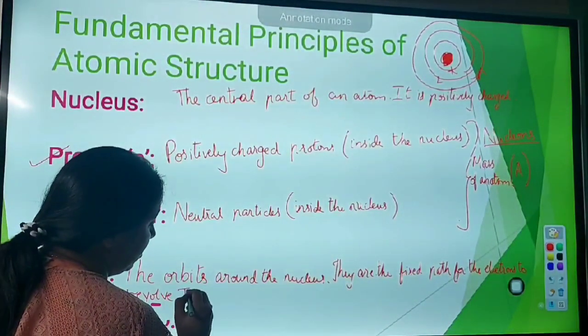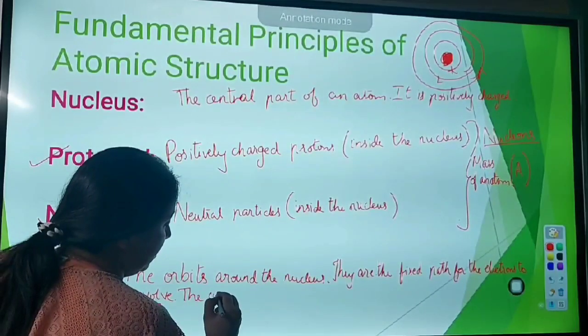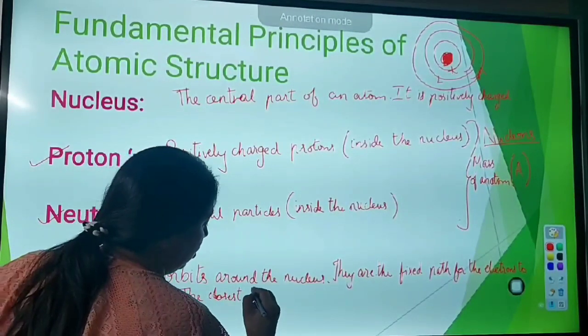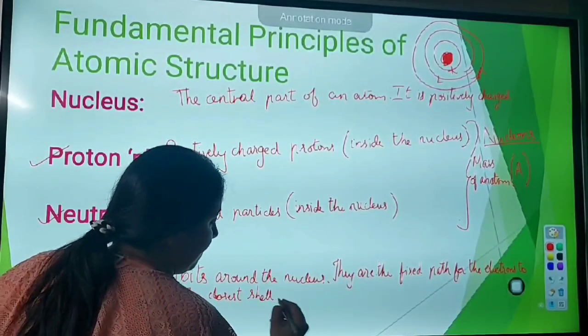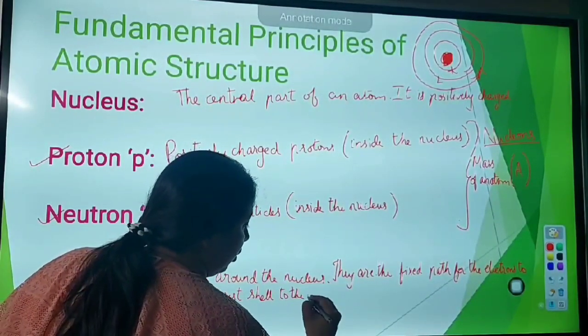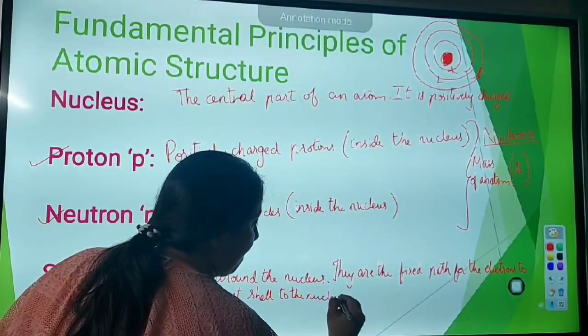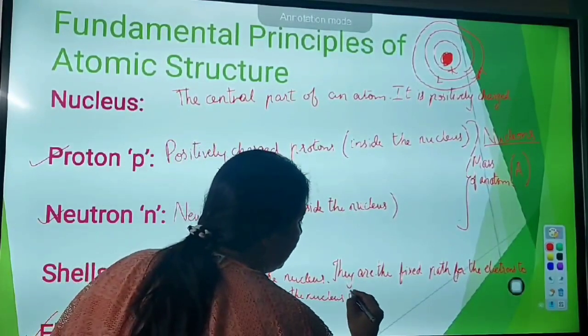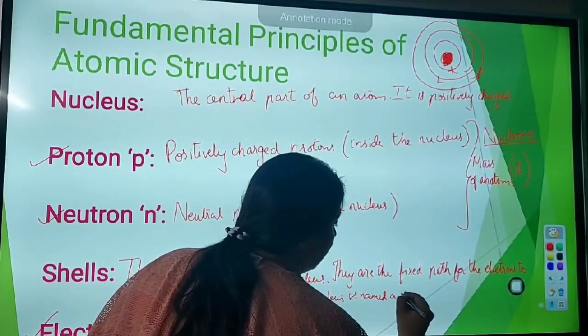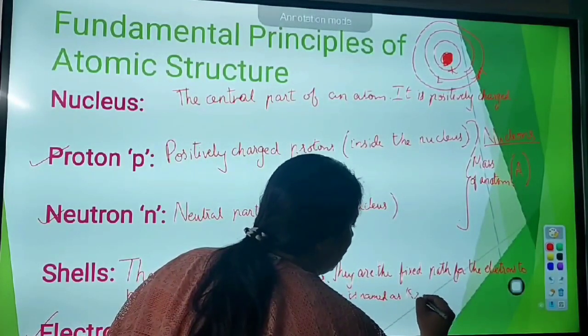The closest shell to the nucleus is named K shell.